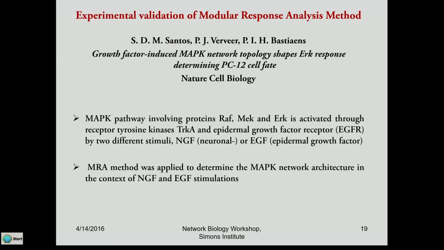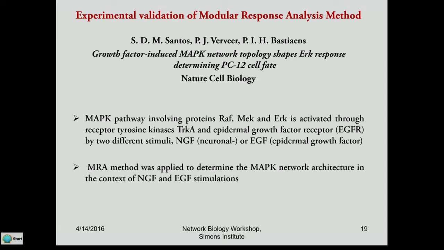But there is an experimental analysis. They are looking at the MAP kinase pathway, with 3 proteins, 2 receptors, and 2 stimuli, NGF and EGF. These are the external stimuli, the parameters P in the model.